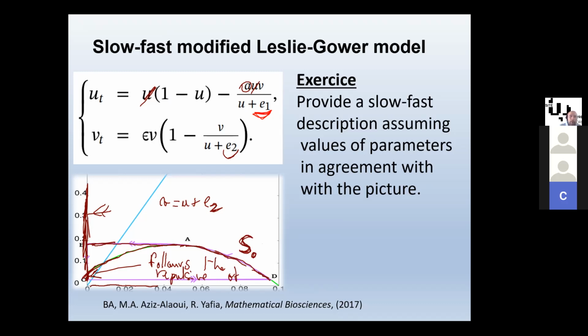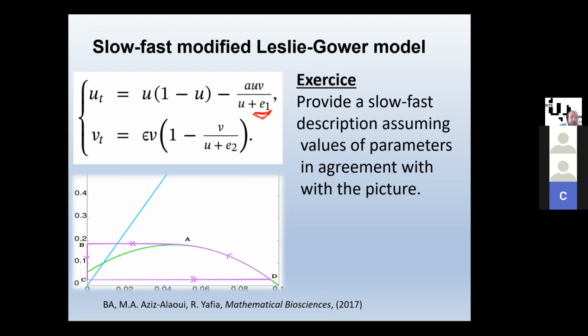Okay, I will erase some things. You see the trajectory here. Here, the critical manifold is inside, but the trajectory follows it, right? So here we have a canard.